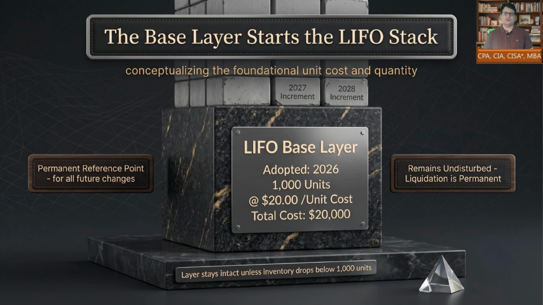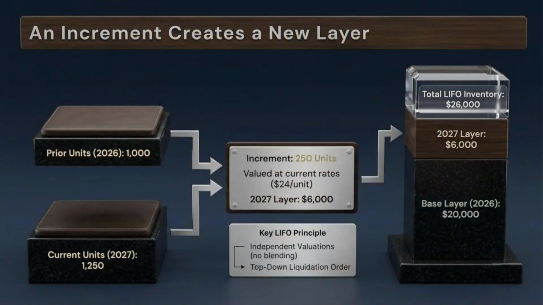This $20,000 layer anchors the LIFO stack. It remains intact as long as ending inventory stays at or above 1000 units. If the inventory level later falls below that amount, the base layer may be partially or fully liquidated, and that reduction is permanent.